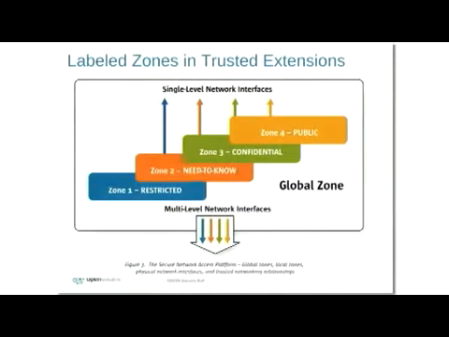Because of the features of zones that I just talked about, we can ensure that information cannot flow between label boundaries. So not only process communication, but network communication, file system communication, System V IPC, all the operating system services are protected so as not to violate these boundaries. And that's why Trusted Extensions is able to be accredited as a multi-level system, because it can ensure that there's no violation of those label policies.